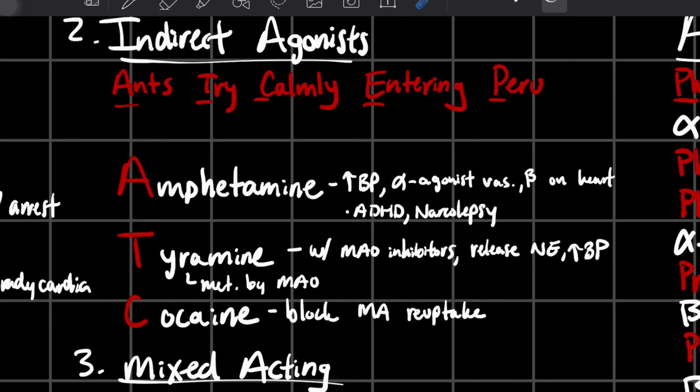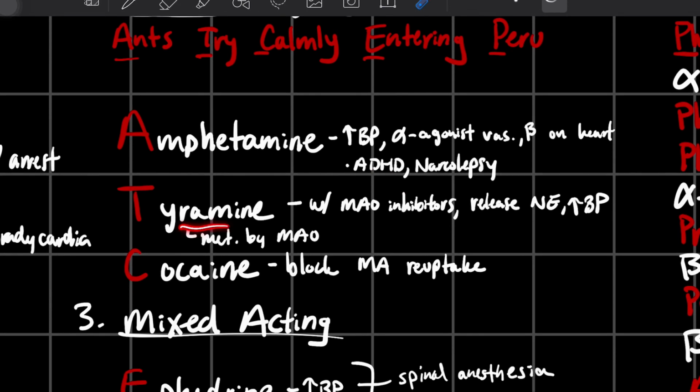Okay. And then for your tyramines, this is one of those things where if you have tyramines and you're taking MAO inhibitors, then this is going to release a ton of norepinephrine and increase your blood pressure. Because if you're, say, drinking red wine or eating cheese, really aged cheese, those are going to actually be broken down by these monoamine oxidases, right?